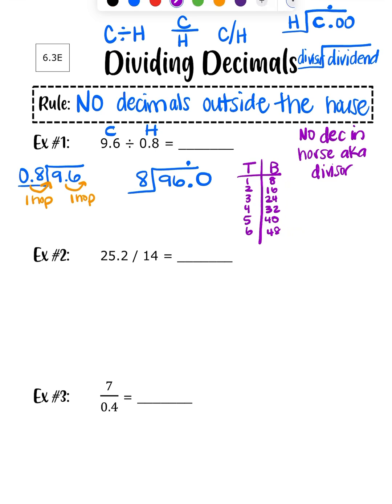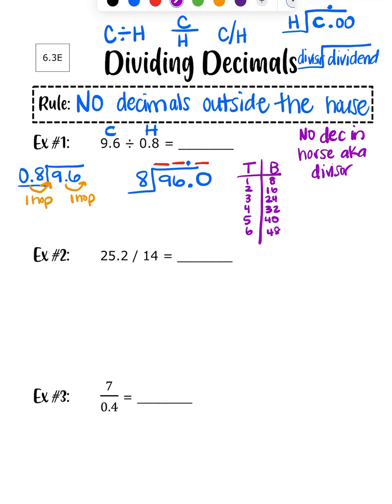So as I divide, I'm going to set my table and I say, okay, my 9 gets a spot and my 6 gets a spot and my 0 gets a spot. So I need to make sure I fill in all those spots with a number. So I ask myself, can 8 people sit in 9 chairs? Yes.